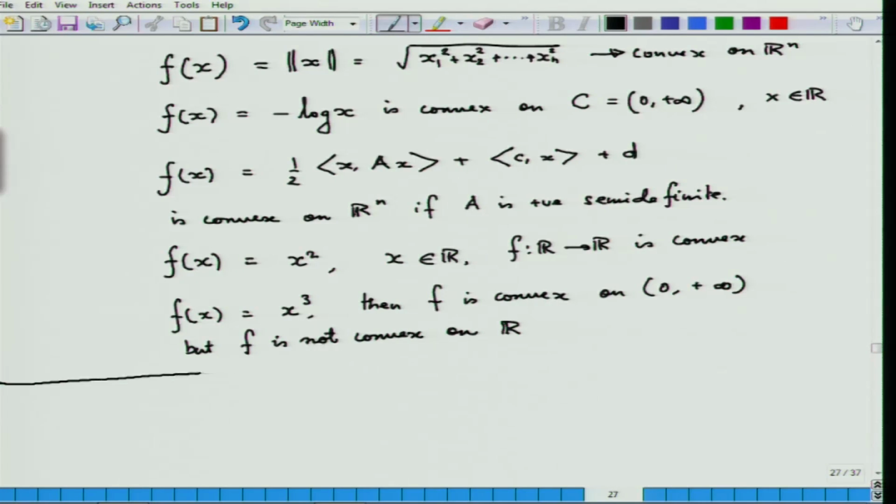Now it is important that you look into some properties of these convex functions.